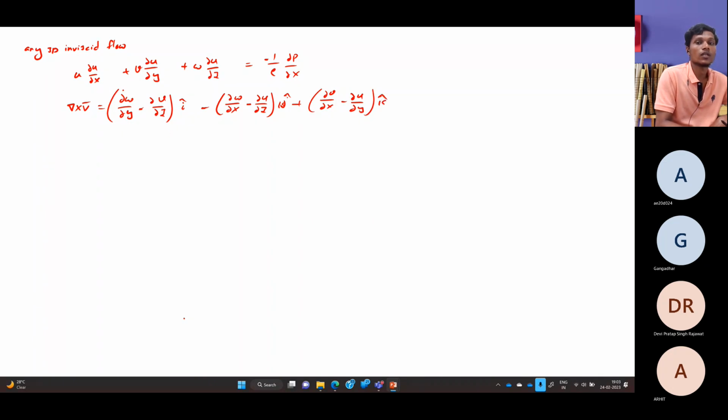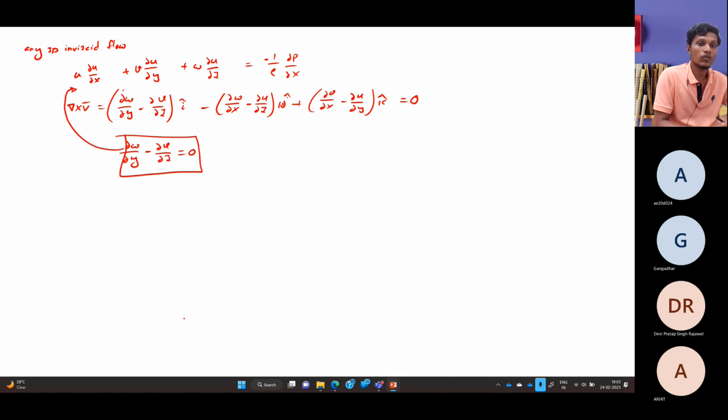This is the curl of velocity, and you substitute this as 0, and you will see dou w by dou y minus dou v by dou z equals 0, and you can simplify this format and substitute these formats in the continuity equation.